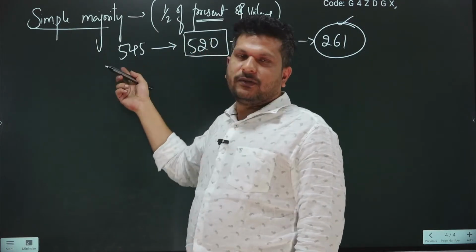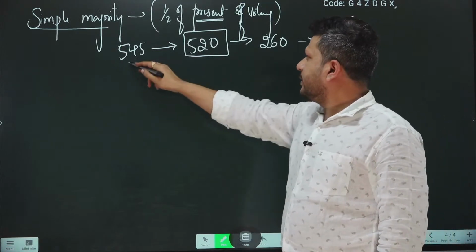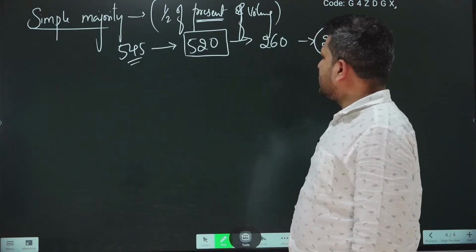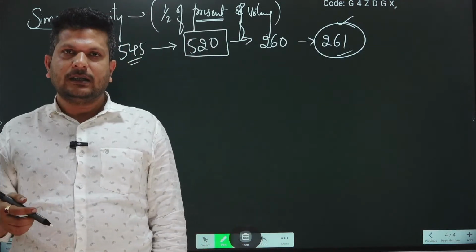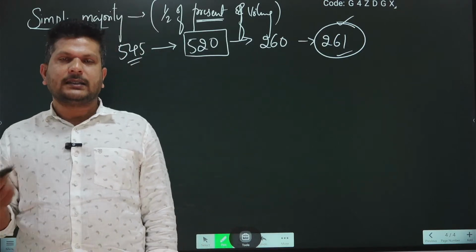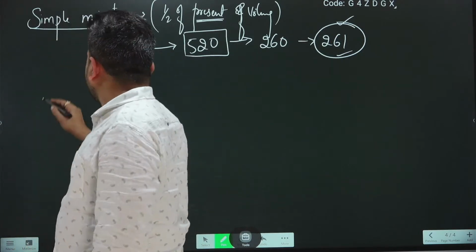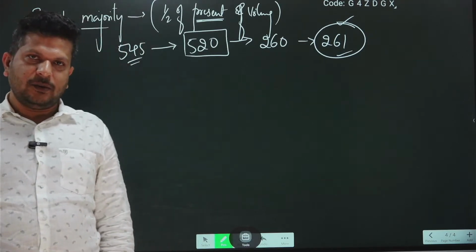In that case, if 261 members vote for a particular amendment or change, it will be considered as passed.